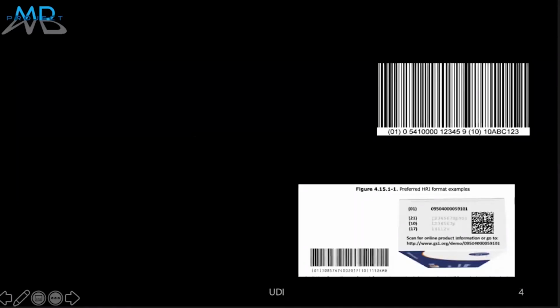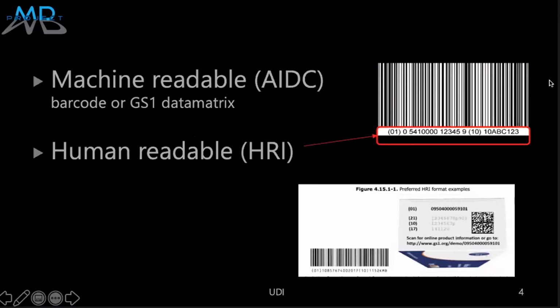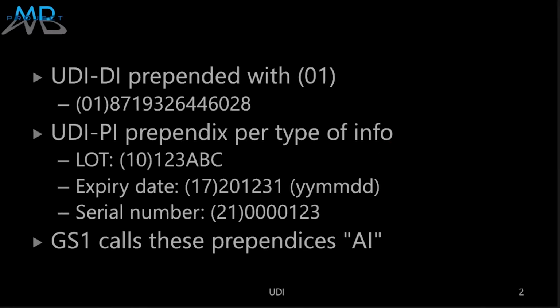This is what also gets translated into a machine readable barcode or data matrix, and a human readable interface will be on there. Like I said, UDI DI will be identified with 01, and UDI production information, the second part, could be the lot number, the expiry date, or the serial number.